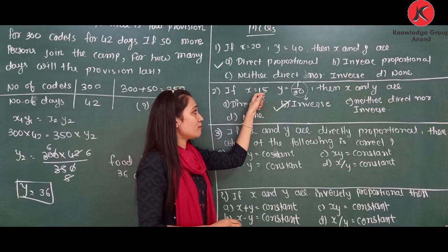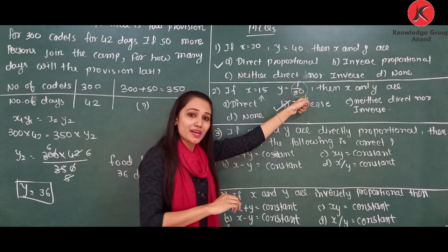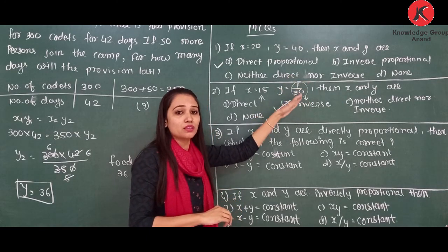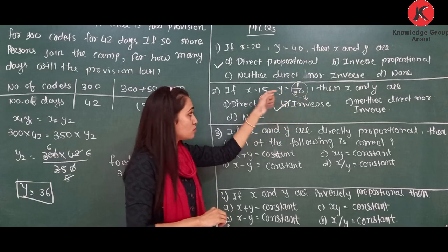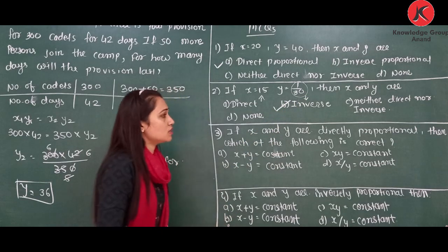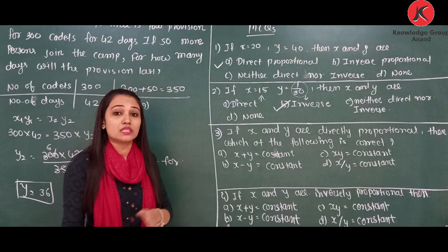Same if we take the value of x as 30, then y will be 1 by 60. Now we can say that 1 by 30 is more than 1 by 60. So if x is increasing, y is decreasing. So it is in inverse proportion. You can take any value and find the answer whether it is increasing or decreasing.